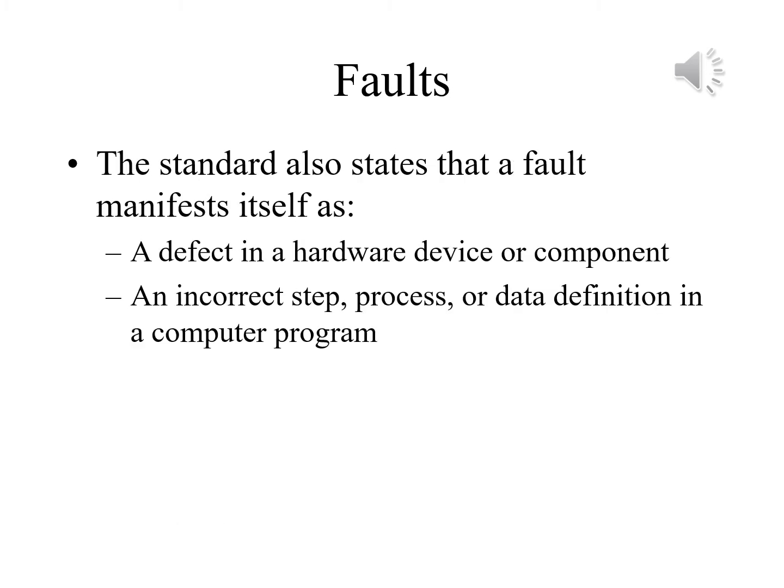The standard also states that a fault manifests itself as a defect in a hardware device or component, for example, a short circuit or broken wire. Or two, an incorrect step, process, or data definition in a computer program.